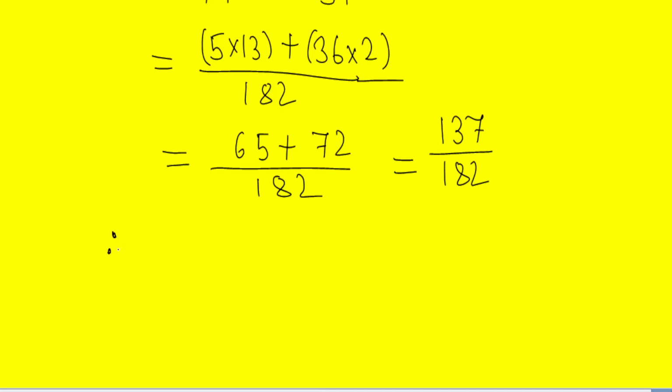So finally we can write, therefore left hand side is equal to right hand side, hence verified. Okay, so this was the end of the first question.